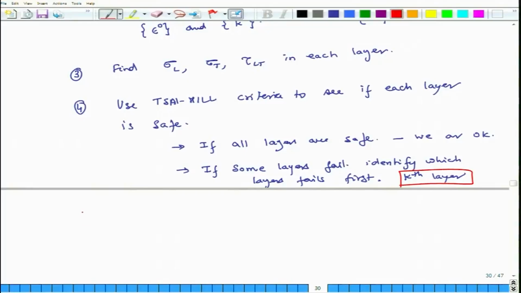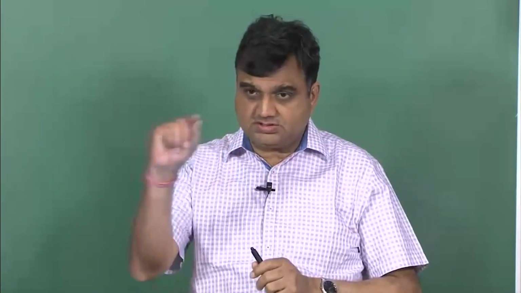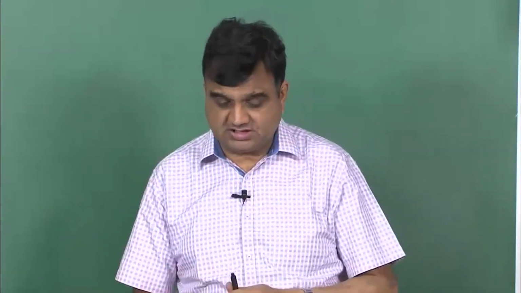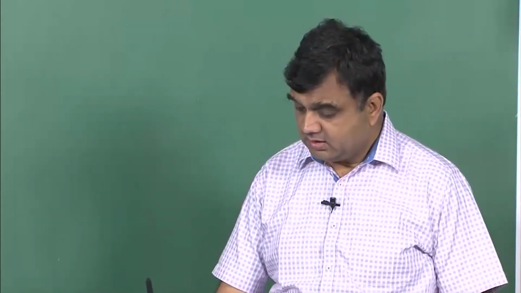Then we go back and for the kth layer, so we know that the kth layer is going to fail first. So, we say okay, as I keep on increasing the load, the kth layer is going to fail first, but I am still increasing my load. What happens next? Once the kth layer fails, what does it imply?